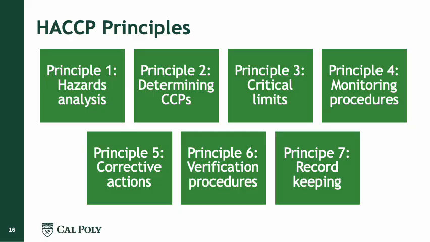If the temperature is higher than what I established, I will have to decide what I'm going to do. So my critical limit is the temperature. Let's say I decide that the temperature is going to be 4 degrees Celsius plus or minus 1. So my critical limit is going to be between 2 and 4 degrees Celsius. And this is just an example.